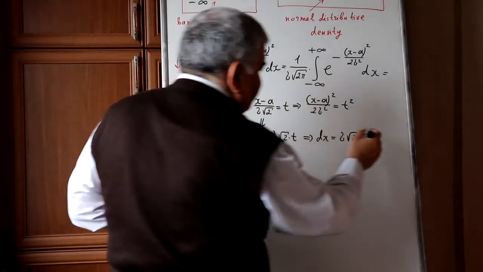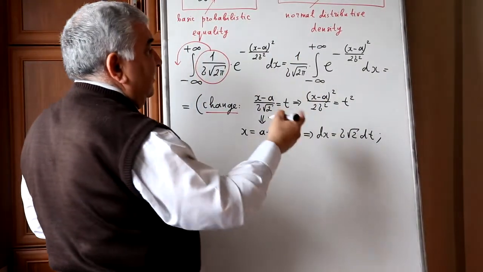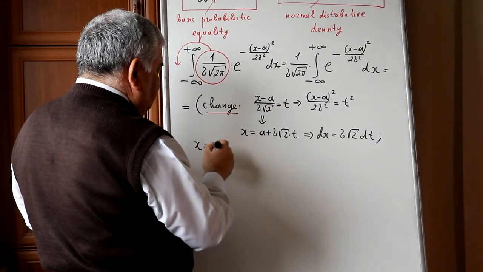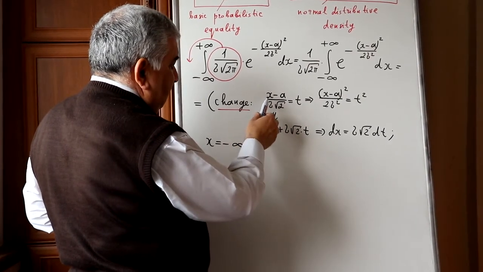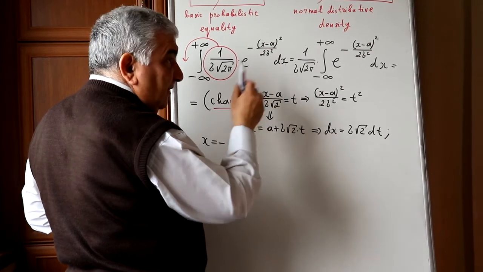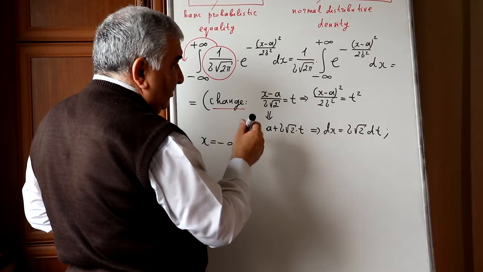Then check the integral limits for the new variable t. If x is minus infinity, substitute minus infinity instead of x. Minus infinity minus a is minus infinity. Minus infinity divided by a positive number is also minus infinity.